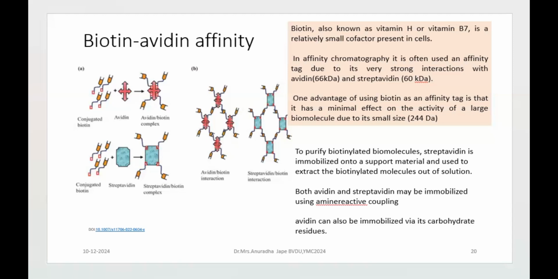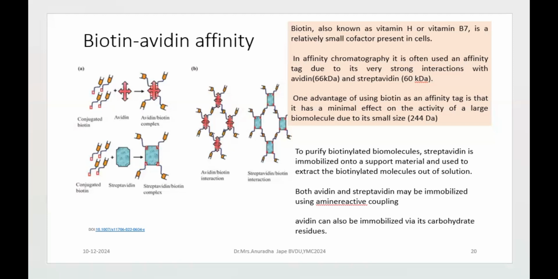But at the same time, it is to be kept in mind that when you use it for affinity chromatography and purification of certain biomolecules, once the column is run, your analyte has anchored or bound to the ligand on the column matrix. The story doesn't stop here.